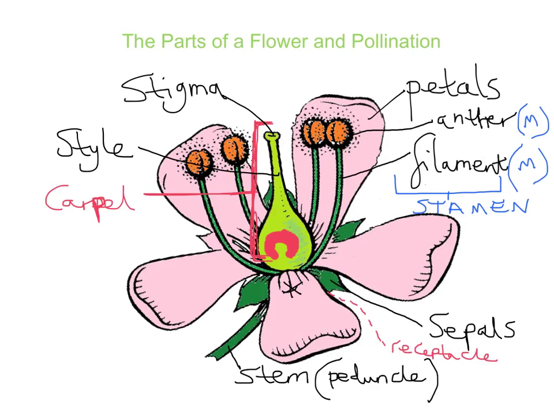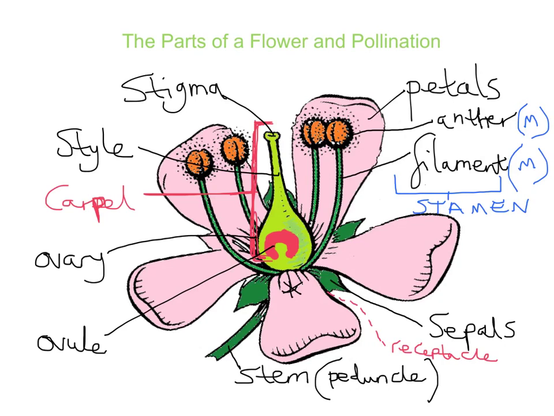Then we're left with this bottom sort of rounded chunk here. Now the whole of that bottom part is our ovary. So we've got the ovary at the bottom of our carpel. Now you'll notice in the ovary there is a sort of reddish structure that I've coloured in. That represents what we call the ovule.